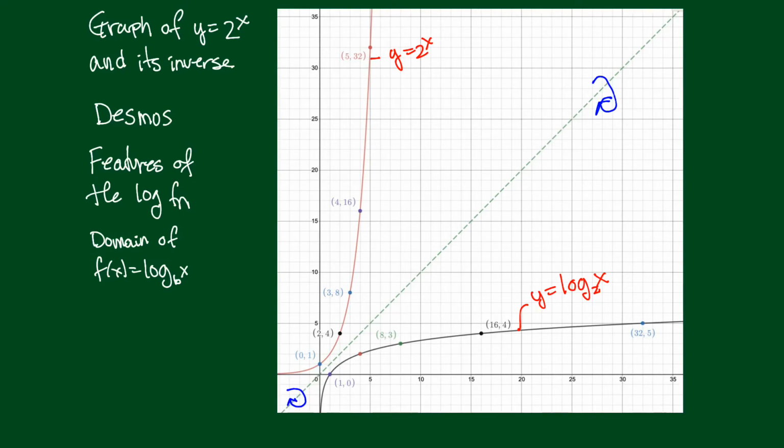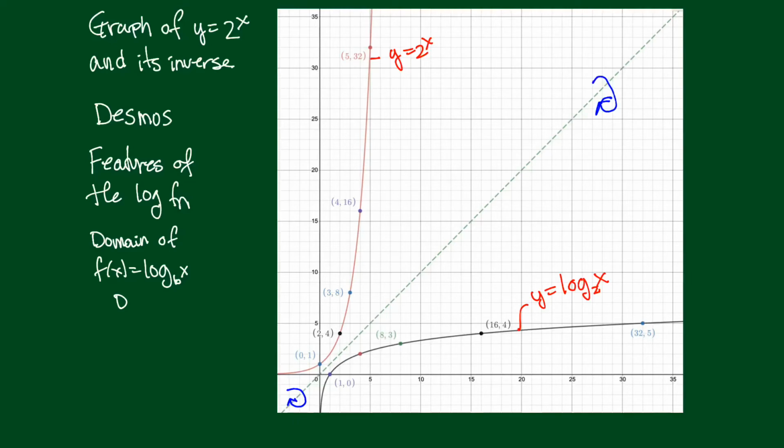Now here's some important features of the log function. The domain of the log function, to any base, no matter what base you use, this one just happens to be base 2. But they all look like this, right? All these curves look like this. Some of them bend a little bit more, a little bit less. But the domain, what can you put in for x? Well, the numbers that you can put in for x have to be greater than 0.